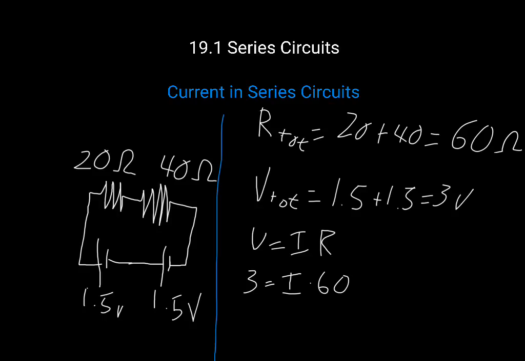Plug in the numbers we have. 3 equals current times 60. Divide both sides by 60, and we end up with our final current of 0.5 amps. Now that means that at this point here, and at this point here, and at every point on this circuit, we have a current of 0.5 amps.